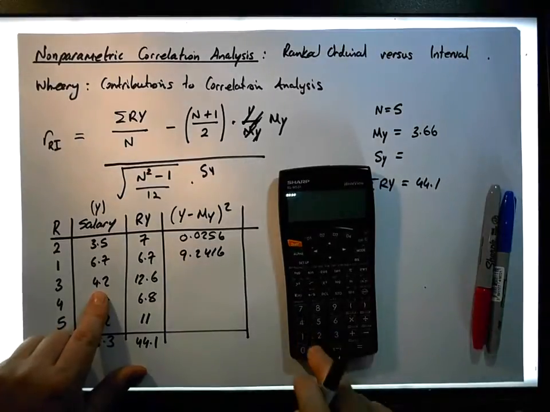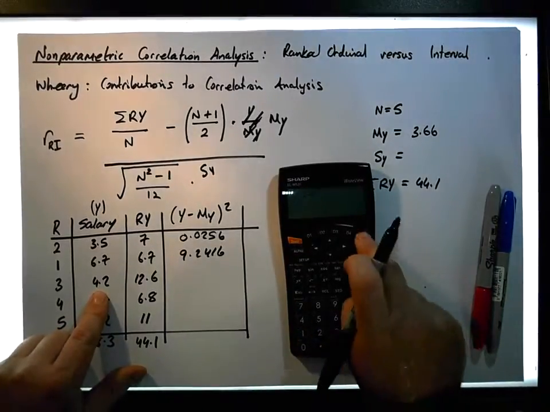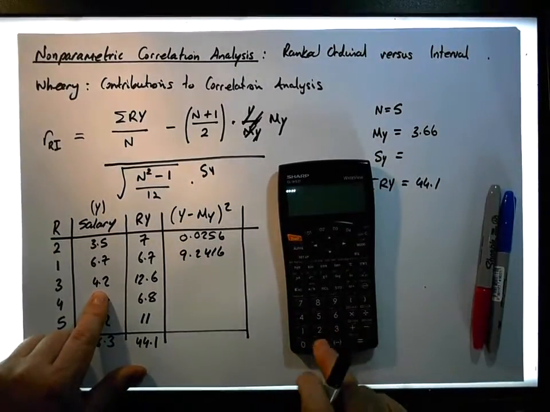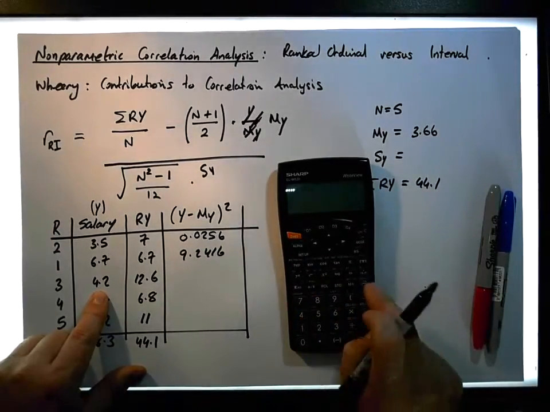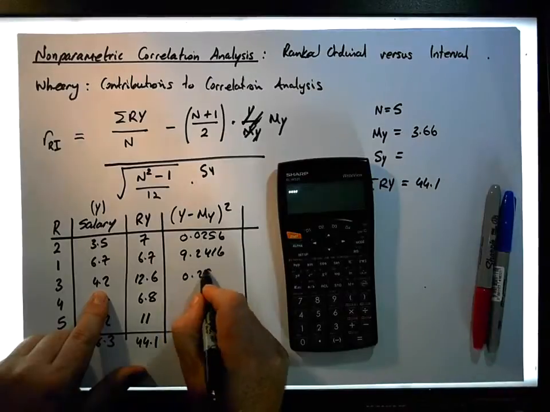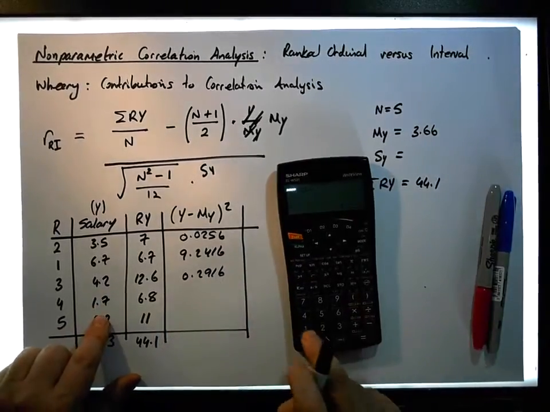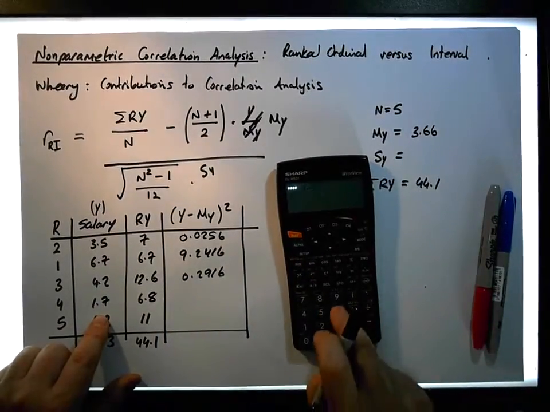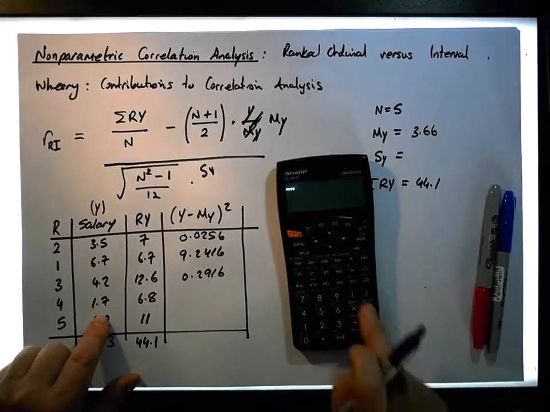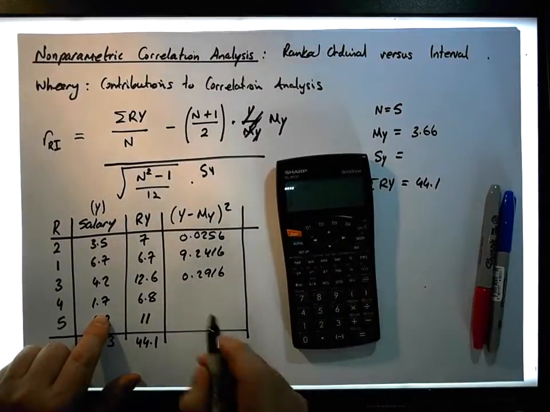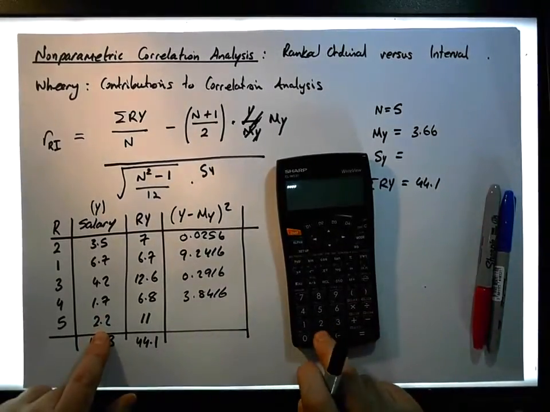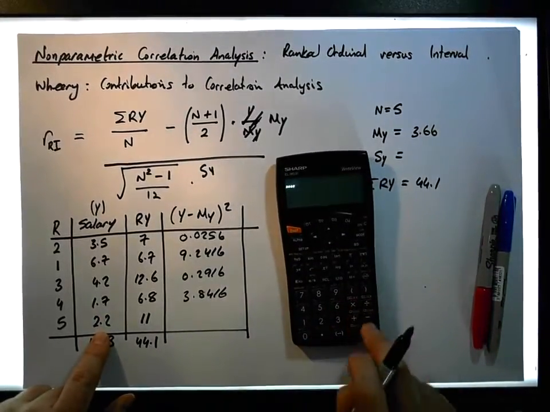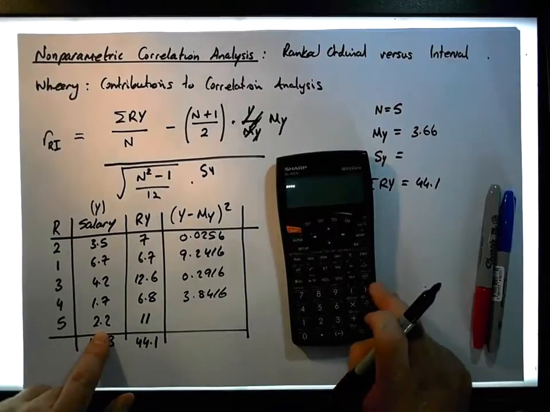We have 4.2 minus 3.66 squared gives us a value of 0.2916. 1.7 minus 3.66, and when we square that, we end up with a value of 3.8416. And finally, 2.2 minus 3.66, and when we square that, we end up with a value of 2.1316.